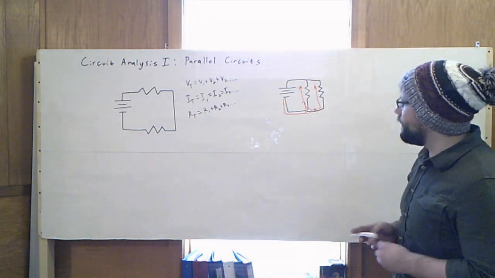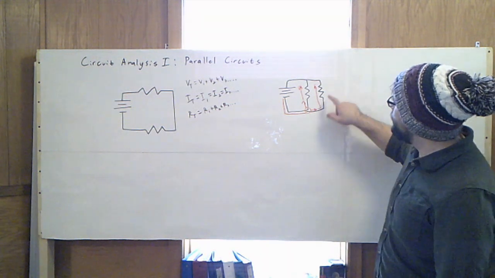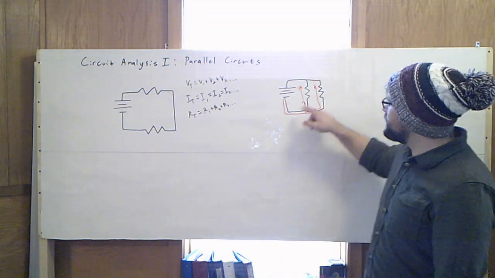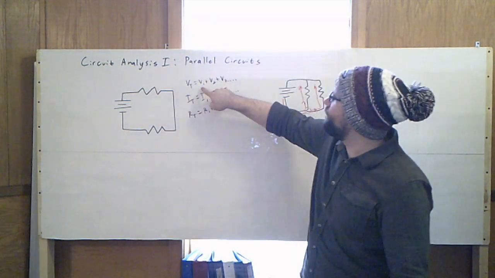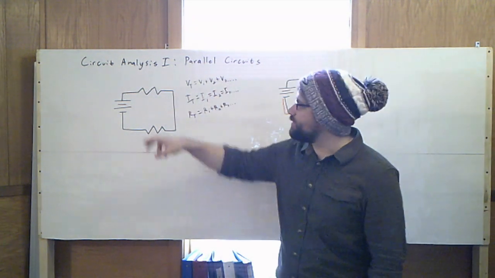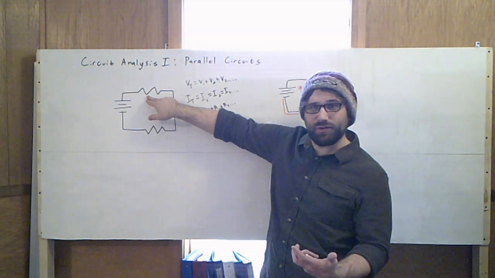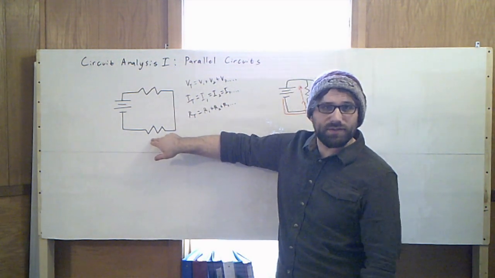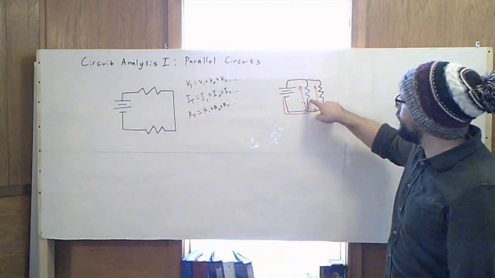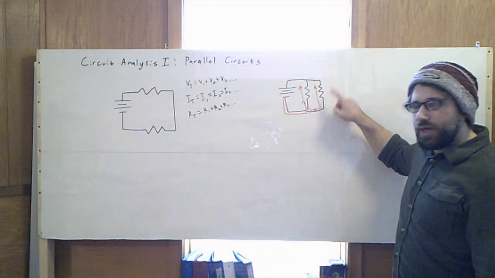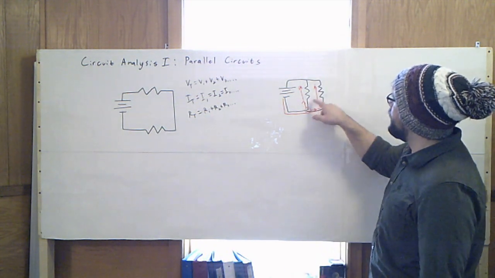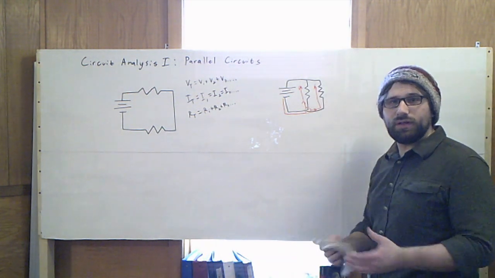Because if we think about it, what voltage are these both going to see? Well, in a series circuit, we saw different voltages. We saw a sum of voltages because this one used up some of the potential energy, and then whatever was left got down to this guy, and he used up the rest. Well, this one, we're not going one after the other. And so, our voltages are going to get spread out between these two equally.